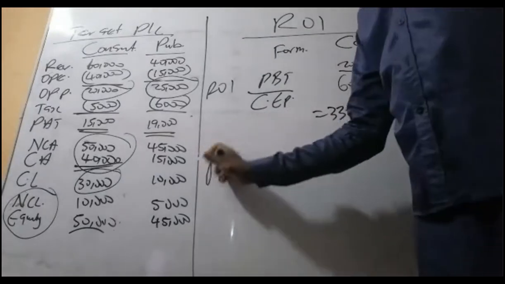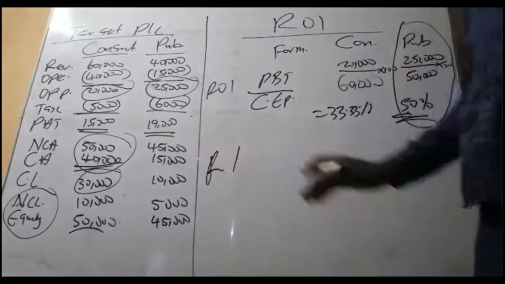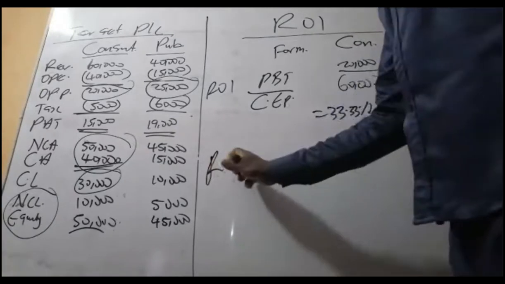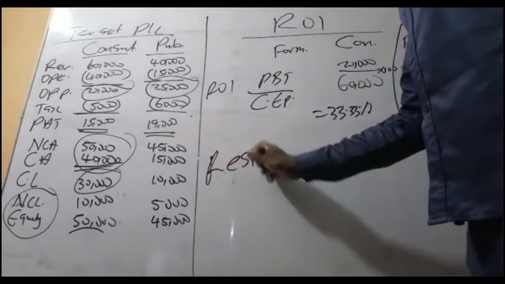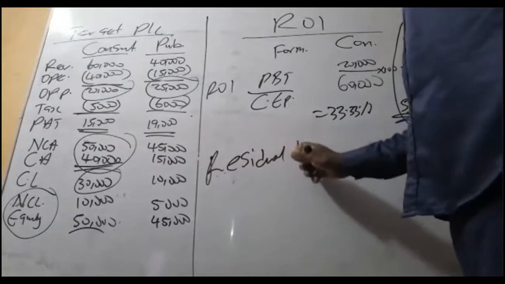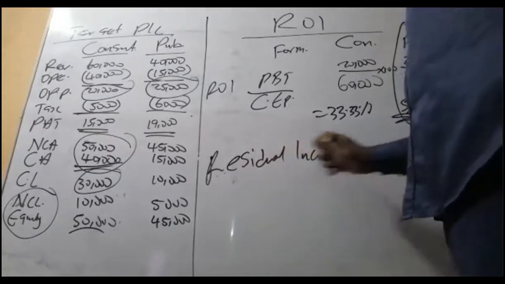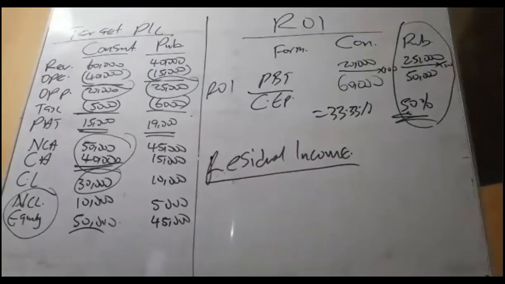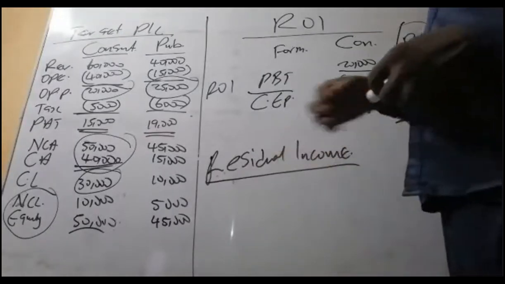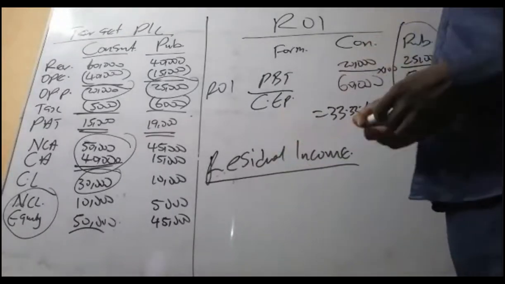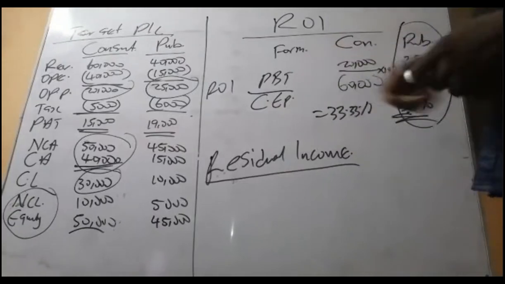Now let's look at the residual income. The formula: residual income. With the residual income, here we are interested in the profit, the same profit that we use.